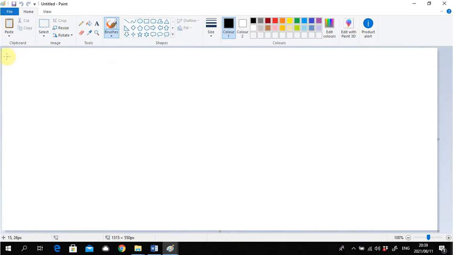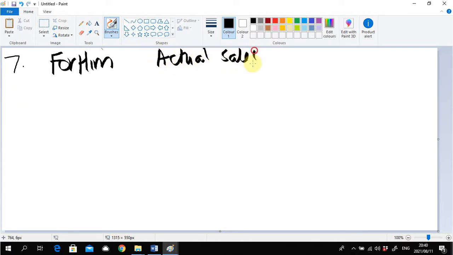We are on required number 7 and we need to do calculations for him. So let's talk about the margin of safety. The margin of safety is the difference. So if this is actual sales and this is break-even sales, the margin of safety lies in between there.